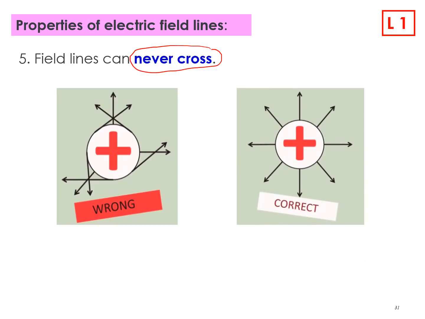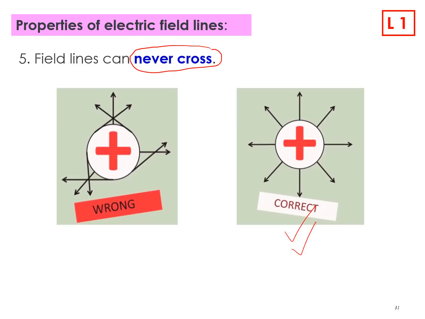That is the correct electric field line that you draw to represent the electric field. For a positive charge, the direction of the electric field line is radially outward from the point charge, and electric field lines never cross.